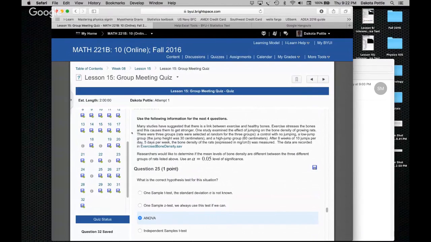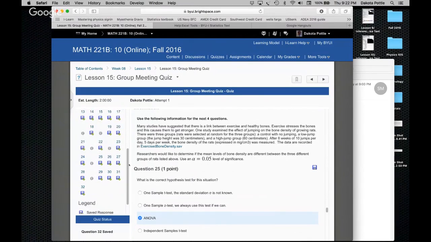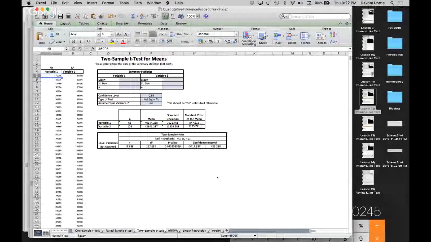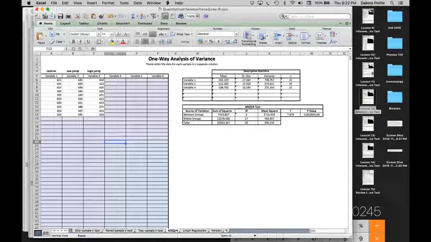We're looking at 3 groups of rats, and the researchers are trying to determine the mean levels of bone density between the 3 groups. In order to look at more than just 2 groups, you have to do an ANOVA test.